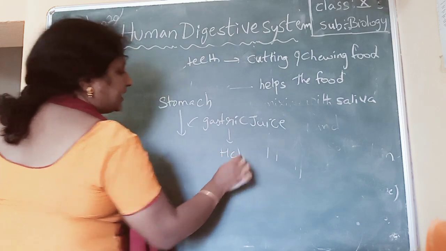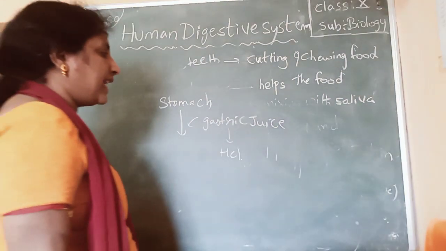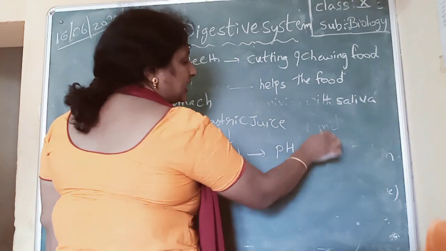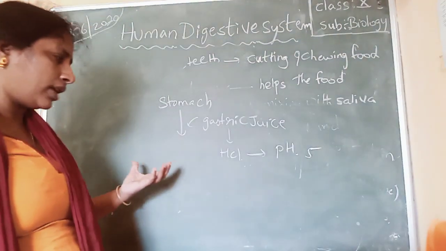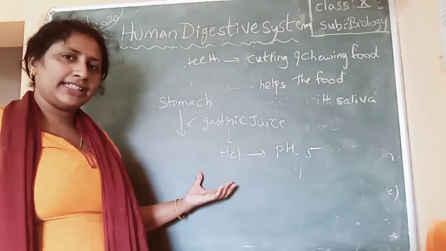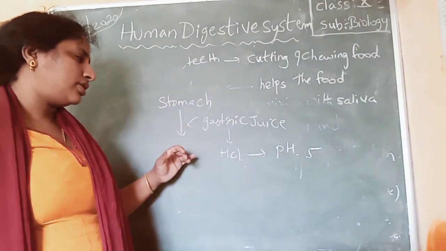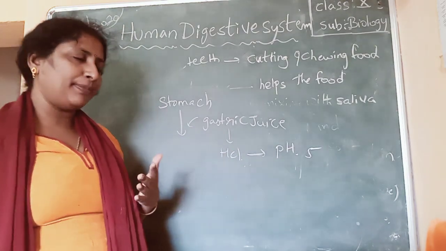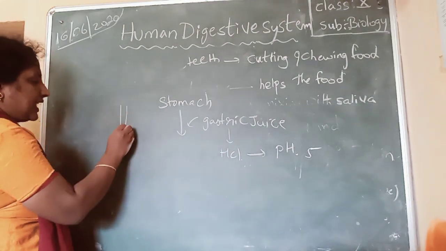Gastric juice contains HCl. Its pH is 5. So pH 5 means it is an acidic medium.